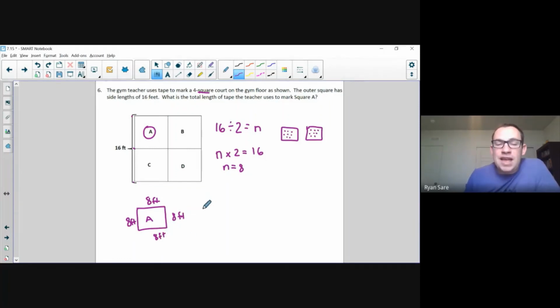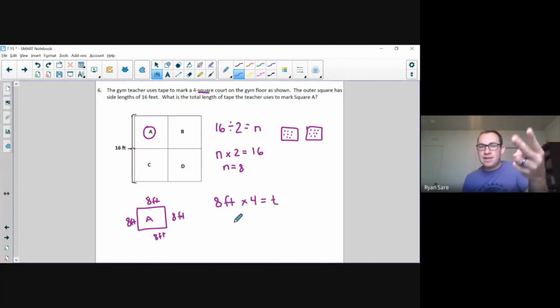Okay, and I can use multiplication to help me answer this. 8 feet, there are 4 of them, and that's going to equal the amount of tape that they used. So we'll use T. 8 times 4, 8, 16, 24, 32. So we have 32 feet is equal to T.